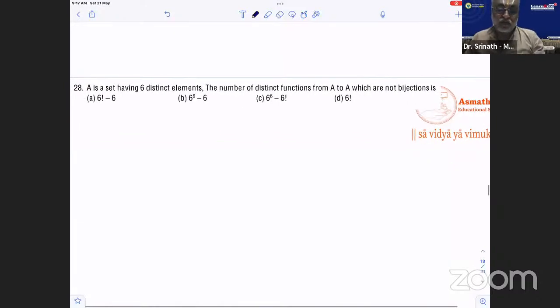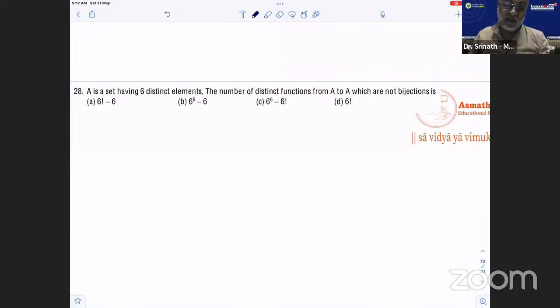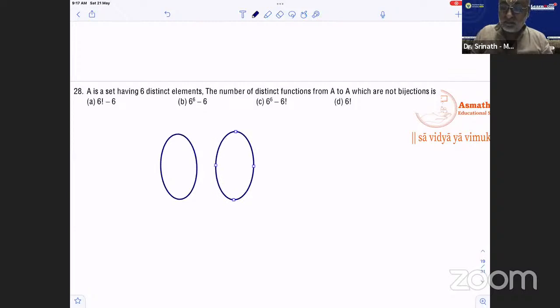This is again one shortcut I wanted to tell you. A has got 6 elements. The number of distinct functions from A to A which are not bijections.